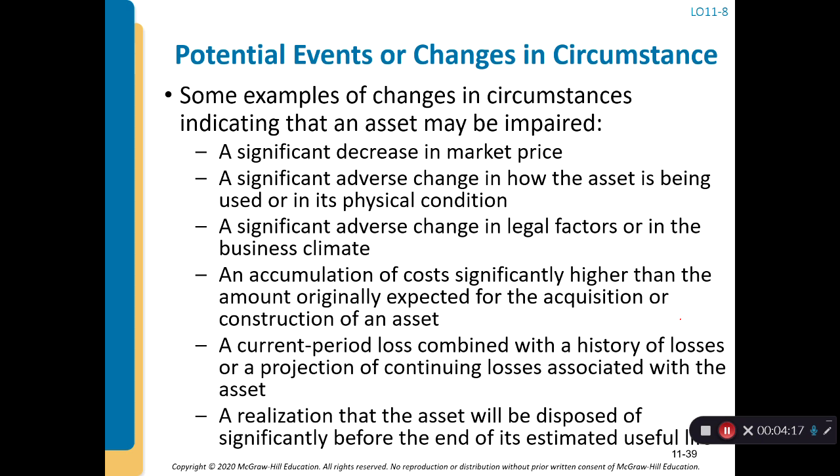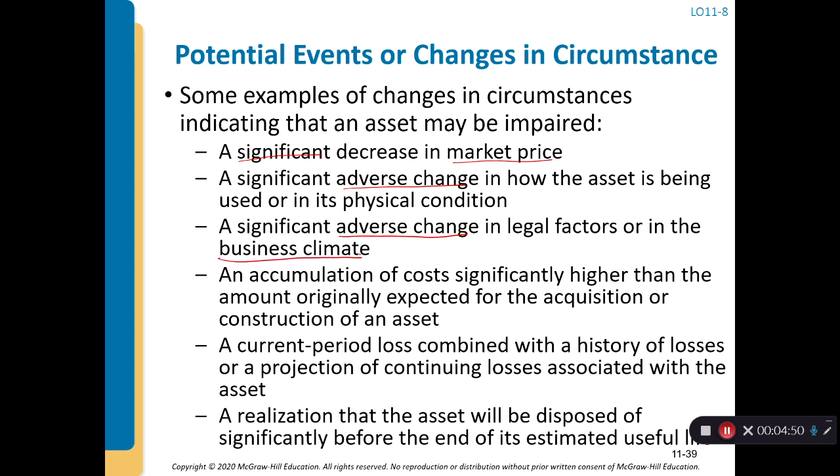Changes in circumstances indicating the book value may not be recoverable might include a significant decrease in the market price of certain equipment, a significant adverse change in how the asset is being used or its physical condition, such as a flood soaking the equipment, or a fire, or a significant adverse change in a legal factor or in the business climate.